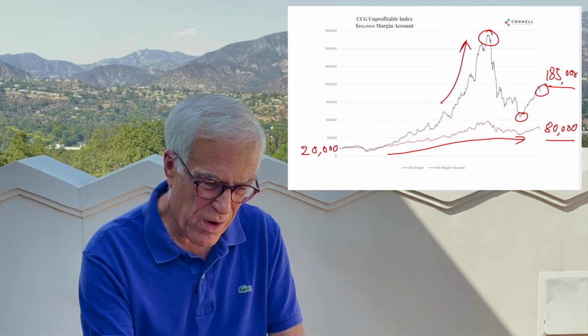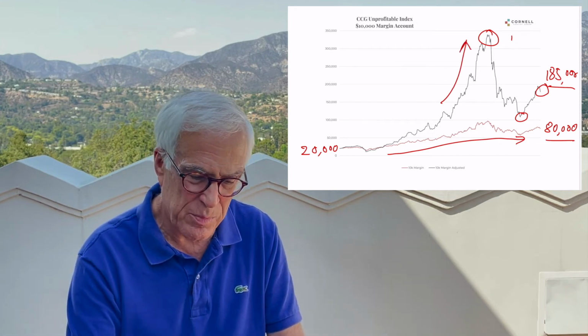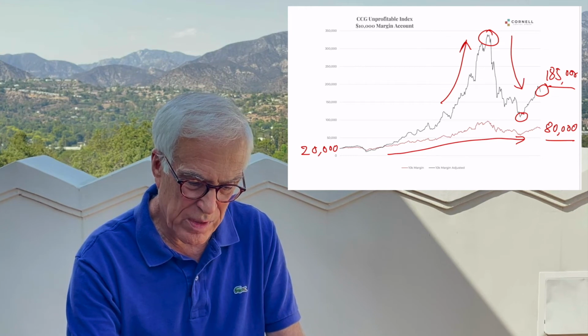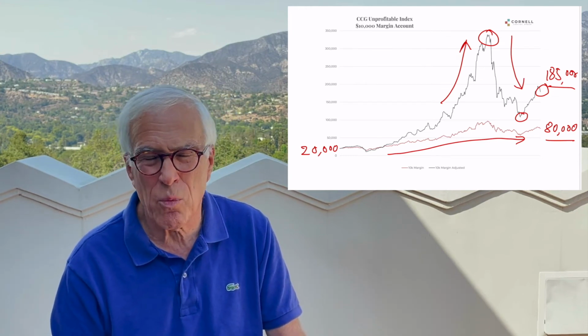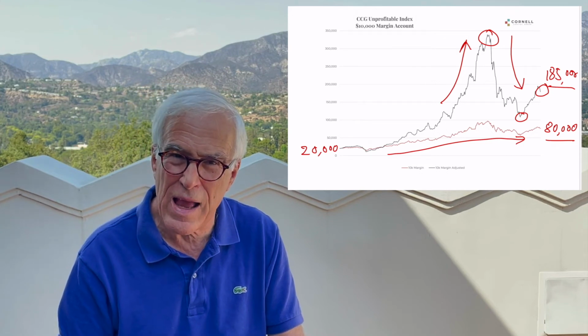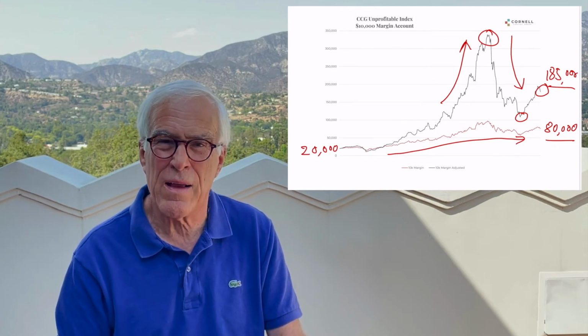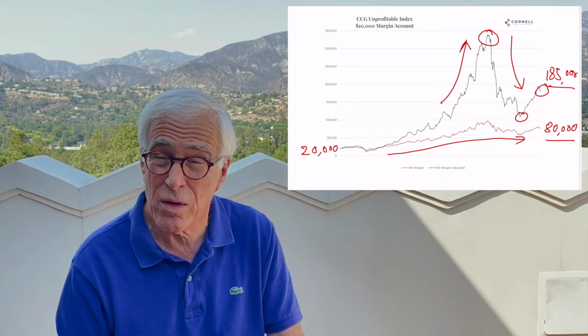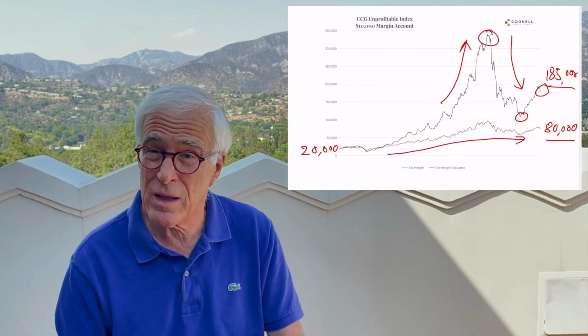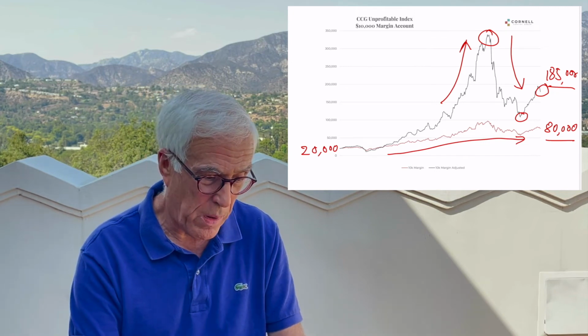When things go very well, it's pronounced on the upside, and when things go poorly, it's pronounced on the downside. And that should be a bit of a warning because prices are very high now. Borrowing is very high. There may be a lot of people who are highly leveraged, and if prices start to fall, they'll have to sell, and that can lead to a downward spiral.